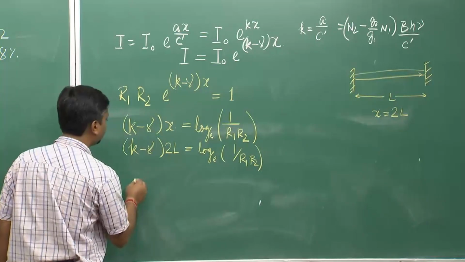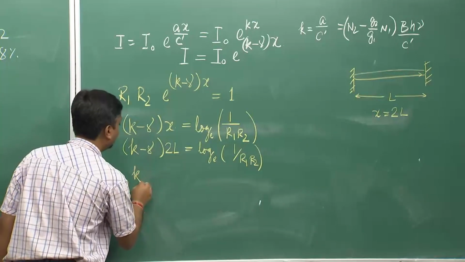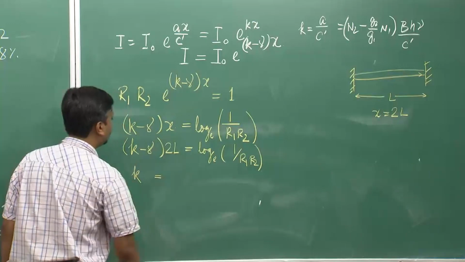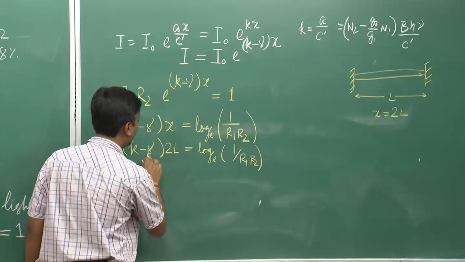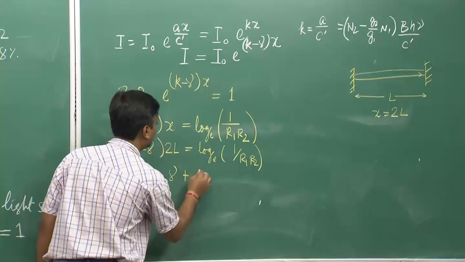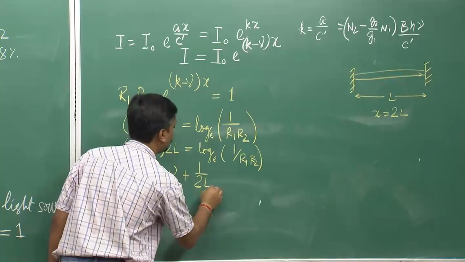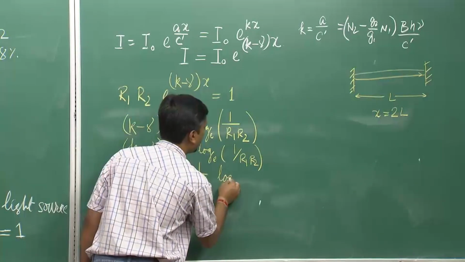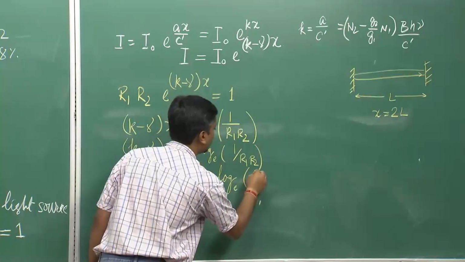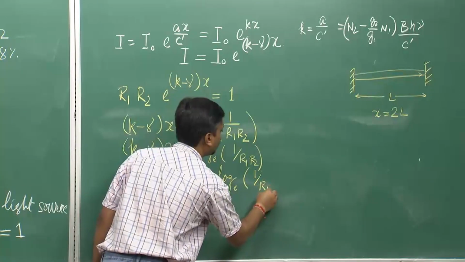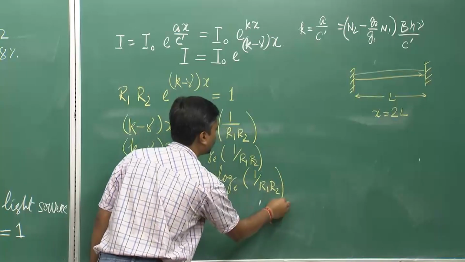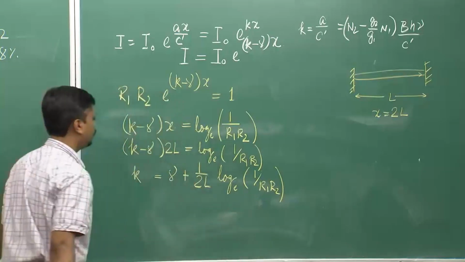So, my k is equal to gamma plus 1 upon twice L, okay.